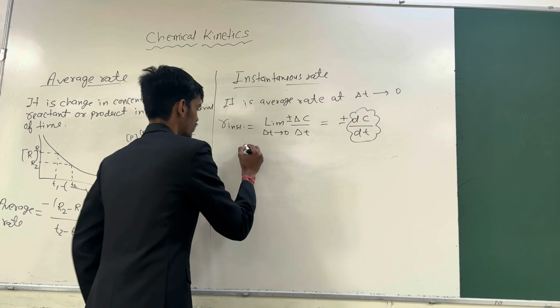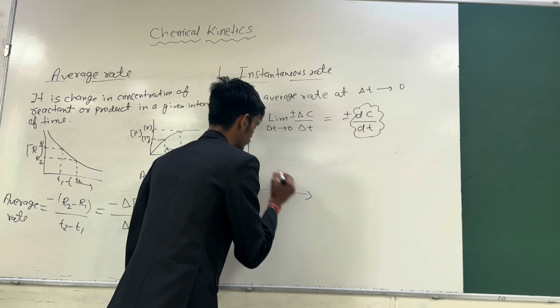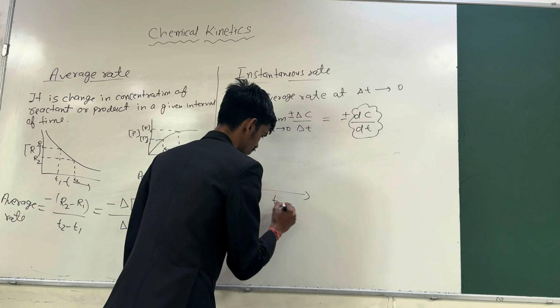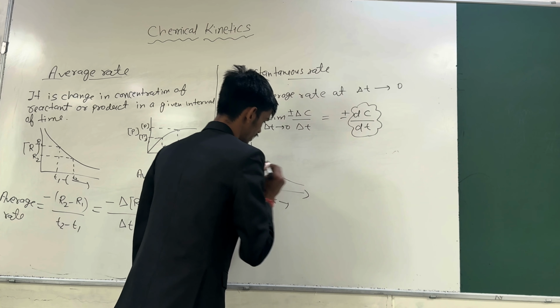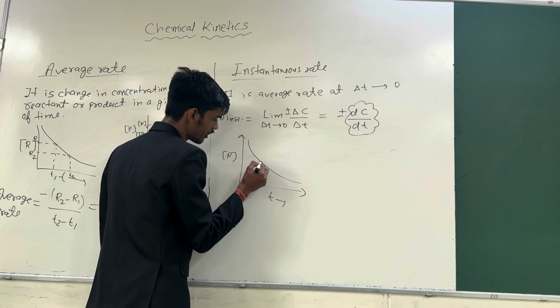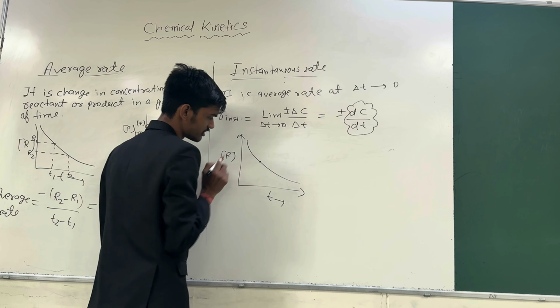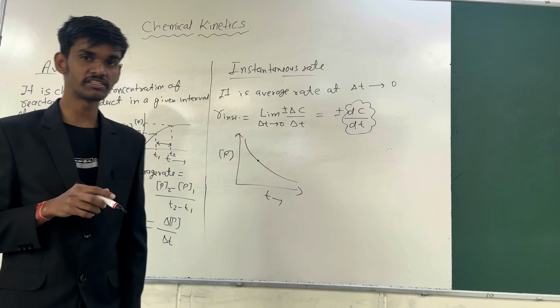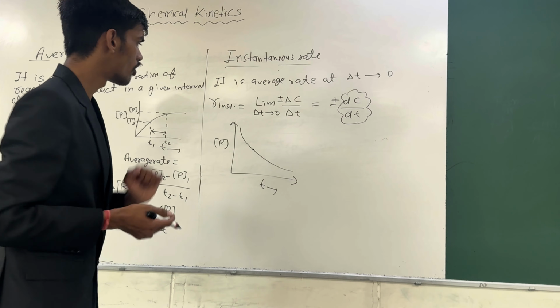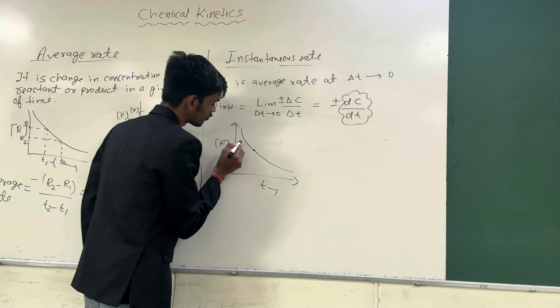If I plot the concentration versus time graph for reactant, and I am asked to measure its rate at a particular point, let us suppose this point, how will I measure the instantaneous rate? The instantaneous rate will be the slope of the tangent drawn at this point.